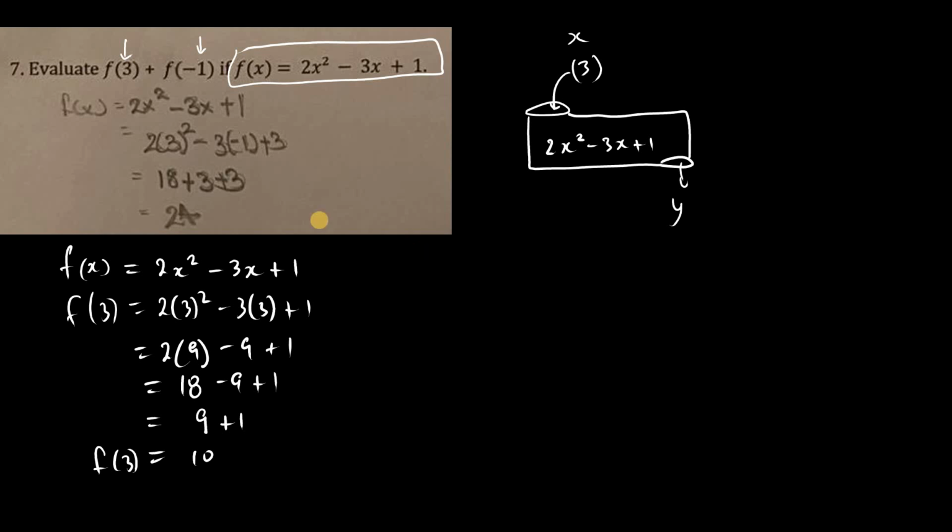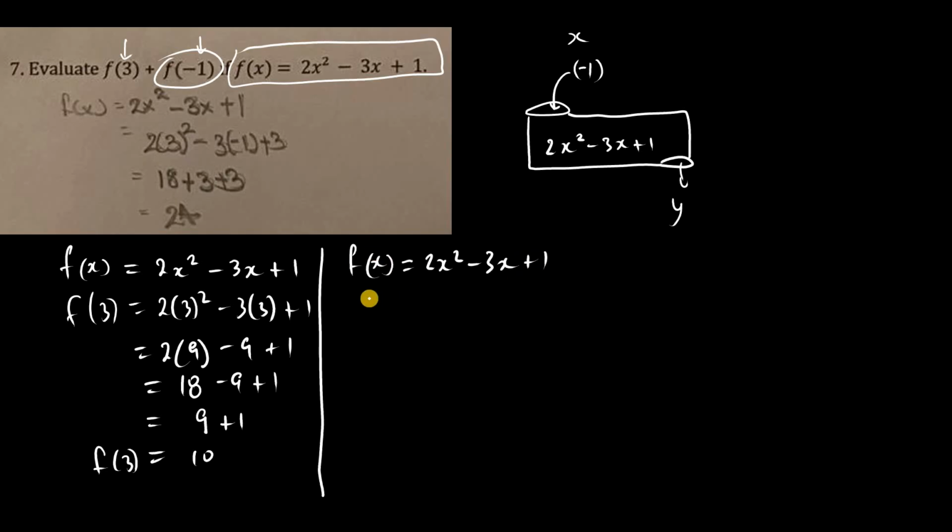Now, let us look at the next one. f of negative 1. So now what we're going to do is input negative 1 into this machine and see what the output value will be. You're going to use the same function. Enter the value of negative 1. Alright, so we're going to square negative 1.